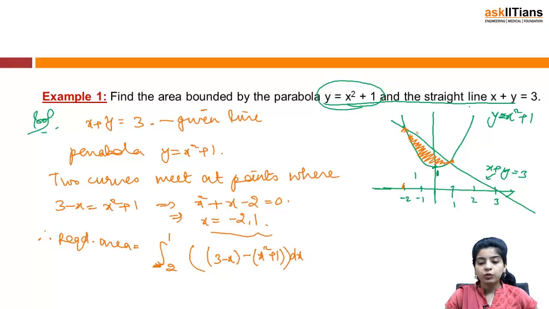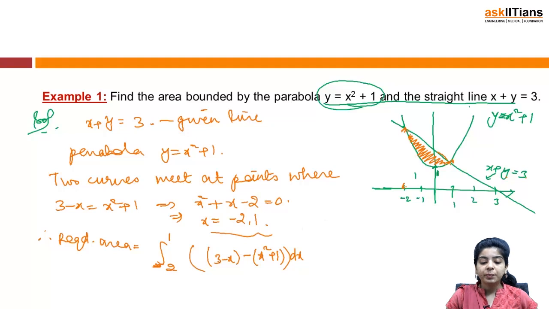So we are required to find out this area, that means we will find out the integral from minus 2 to 1, the area enclosed by y dx, the formula is integral a to b y dx. So y from the equation of the line is 3 minus x, so we have area enclosed by this line minus area enclosed by the parabola.